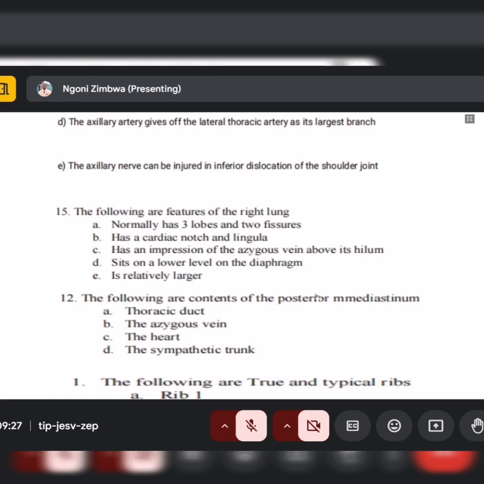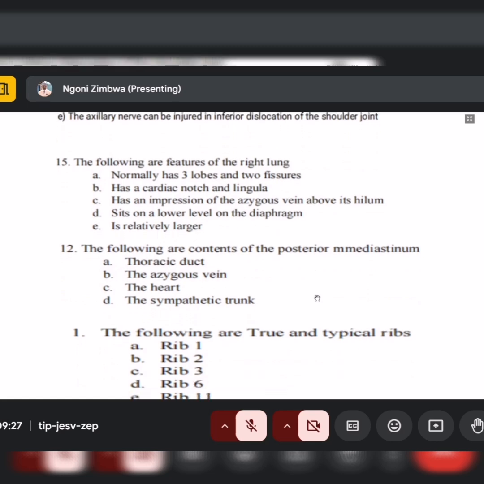Done. Question 12. The following are contents of the posterior mediastinum. A, thoracic duct. That is true. B, the azygous vein. That is true.